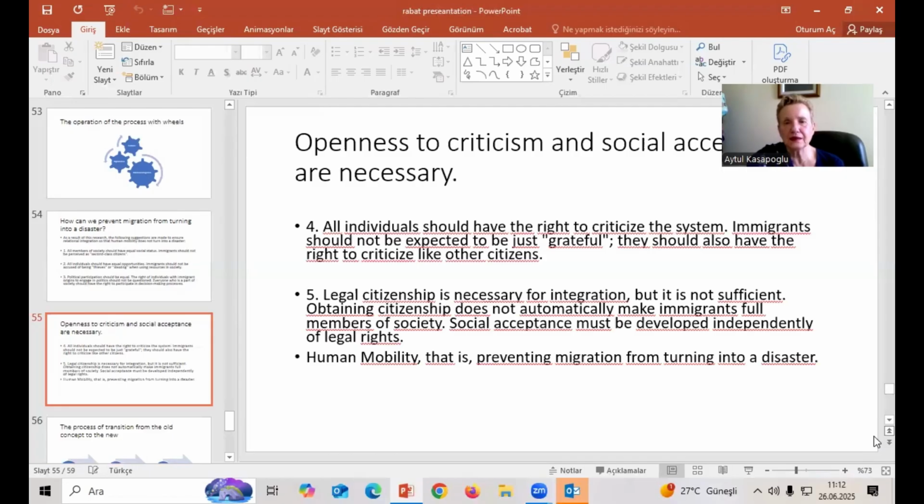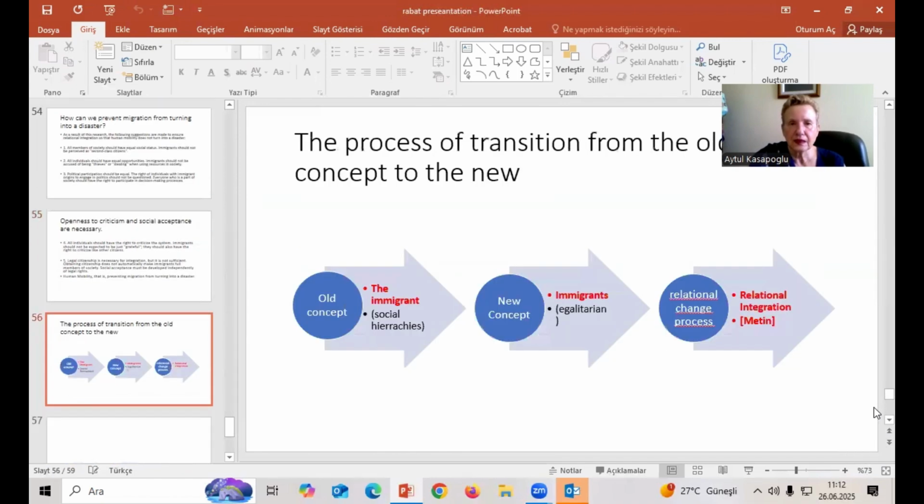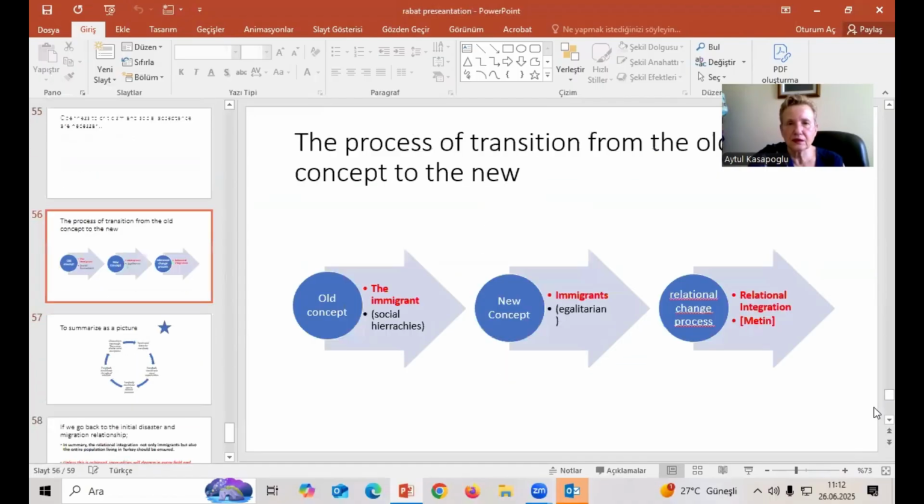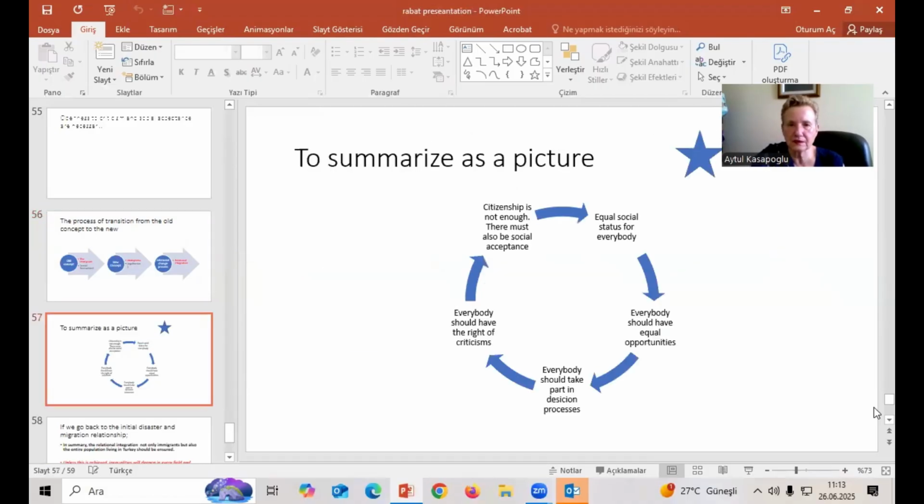Human mobility, that is, preventing migration from turning into a disaster. Sorry. The process of translation from the old concept to the new. The old concept: immigrants and social hierarchies; the new concept: immigrants and relational integration, that is a relational change process.